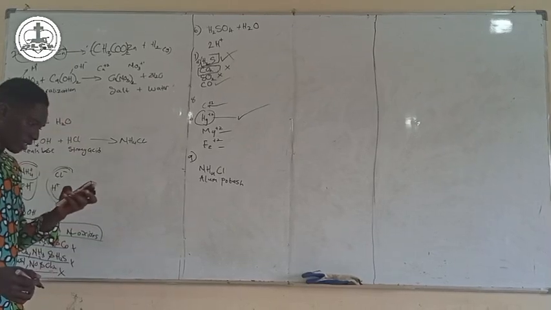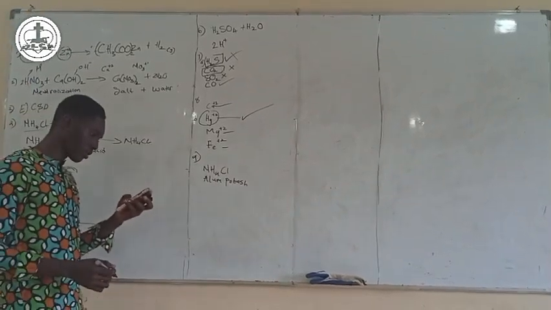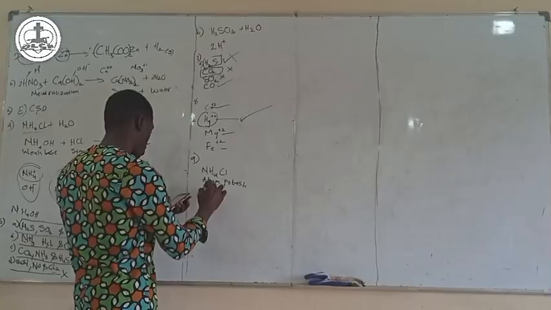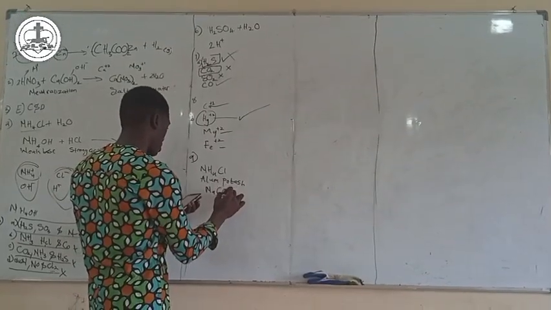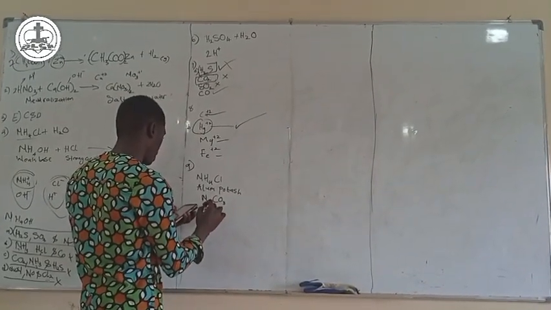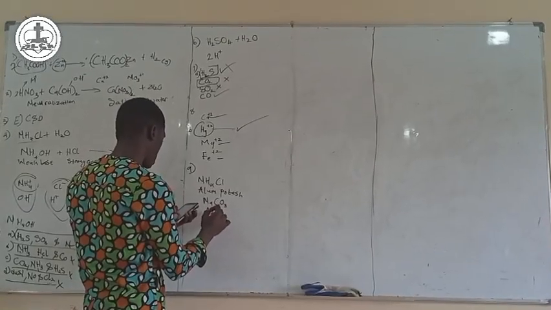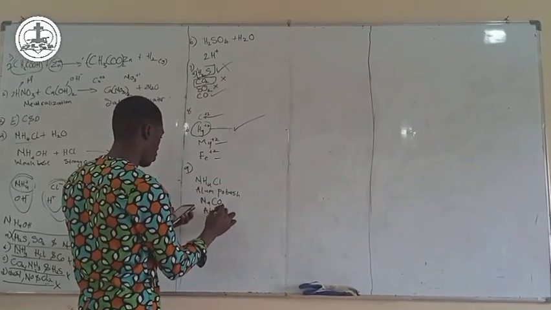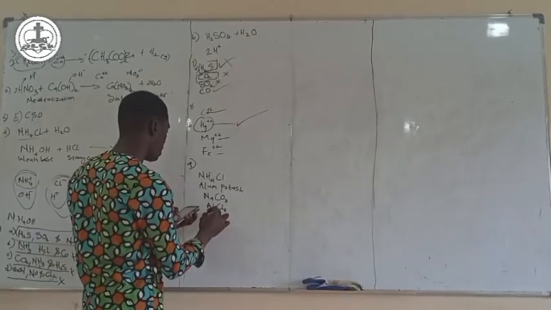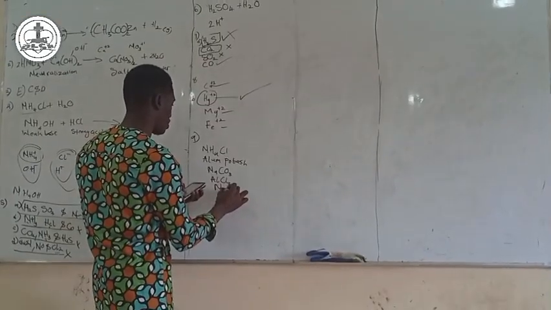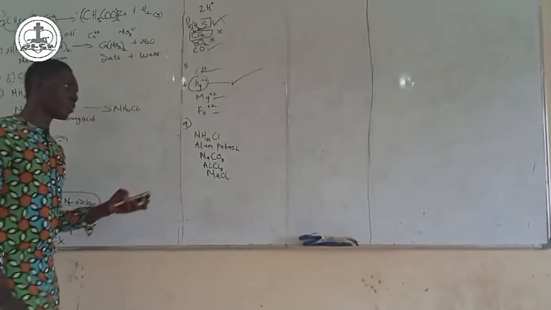Then C, we have sodium carbonate. Then D, we have aluminium chloride. Then E, we have sodium chloride. So which of these is a double salt?